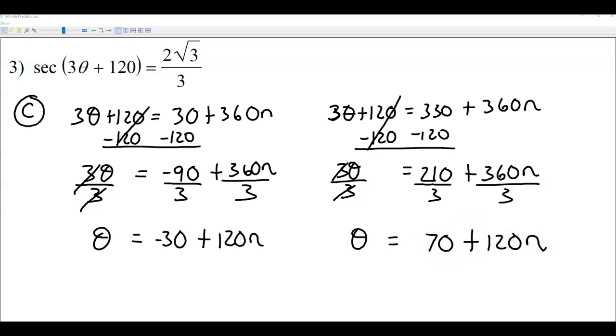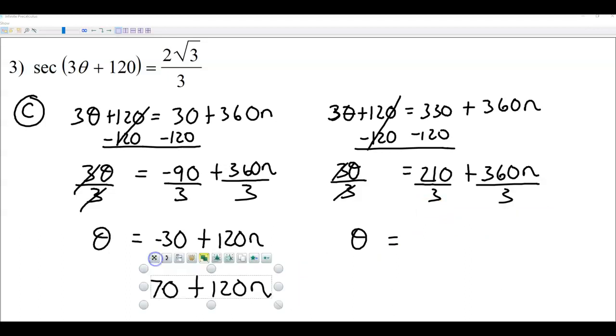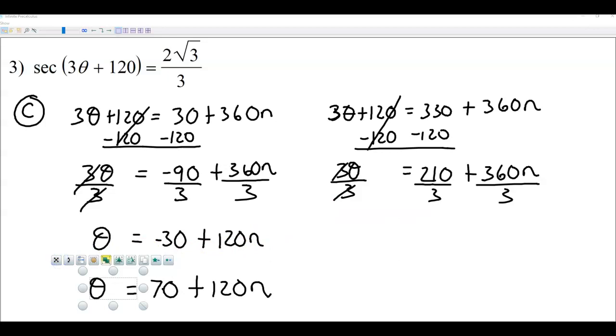All right, so there we go. There are my two general solutions. Let's just move this one over here. There we go.